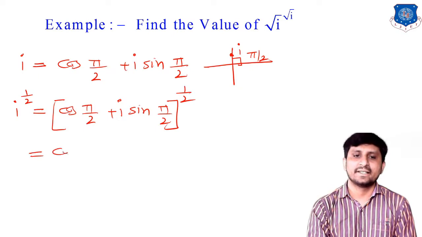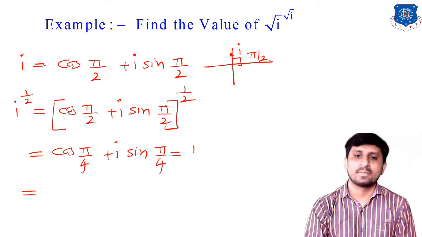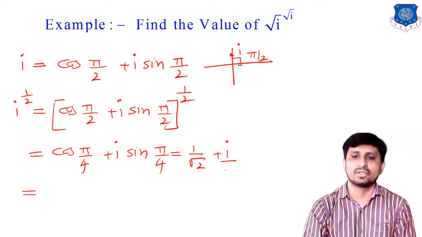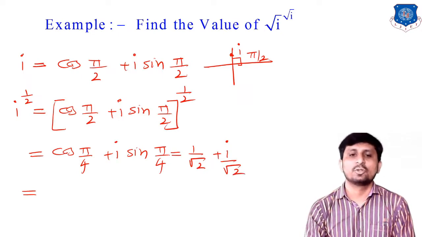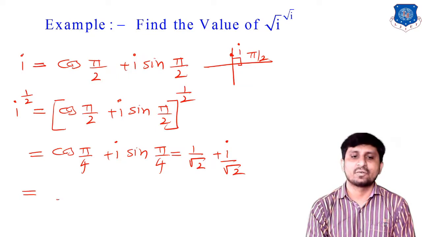So that is exactly cos pi by 4 plus i sin pi by 4. Okay, and this can be written as 1 by root 2. Cos pi by 4 means 1 by root 2, and sin pi by 4 is also 1 by root 2. So 1 by root 2 plus i by root 2, and also cos pi by 4 plus i sin pi by 4, I can write e raised to i pi by 4.